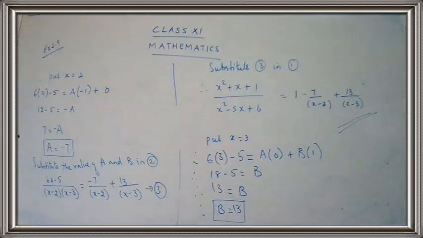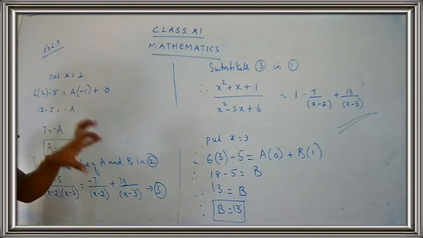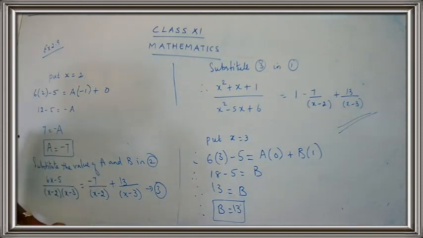So I hope you are clear. Okay, just do it, children. Write down the answers. You have to do it properly and be careful. First step is to do the division. Second step is to write the format, like the remainder plus quotient upon divisor. Then you take the second part. If you are able to factorize the denominator, factorize it.